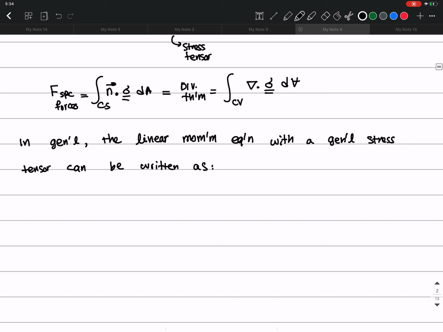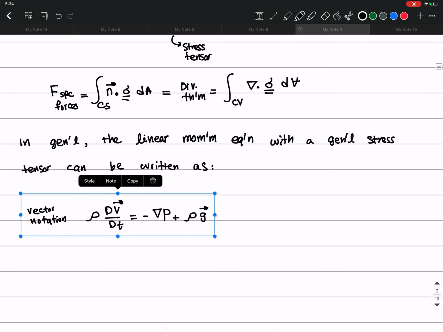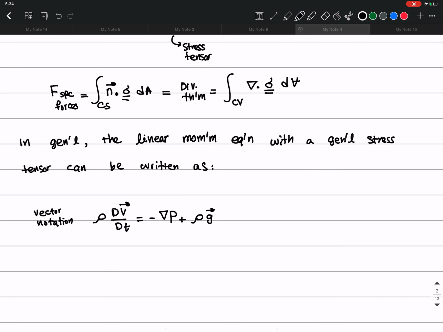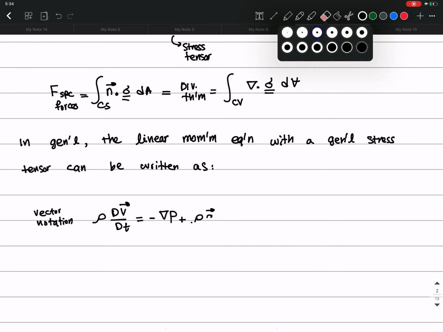Let me first write it in the vector notation. The left hand side is the same. What's going to differ now is the right hand side, the sum of the forces.